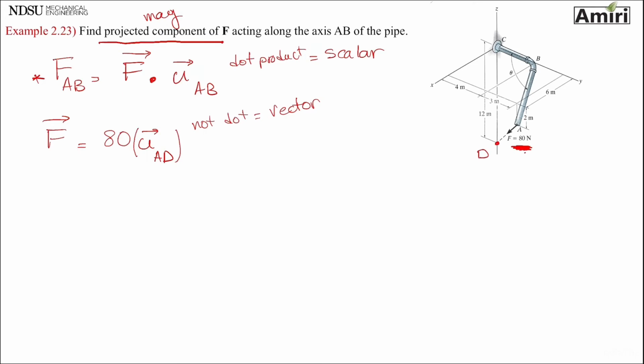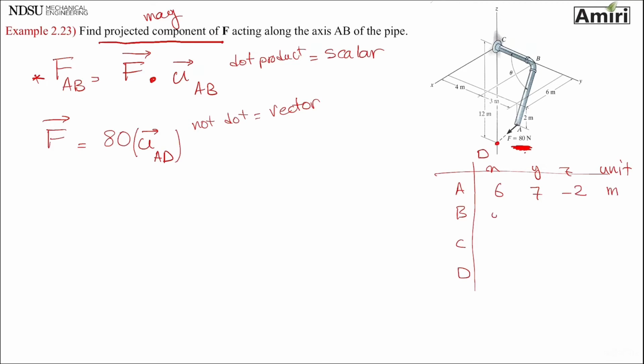So it turns out we need points A, B, and D. So let's make a table. A, B, C is at 0. I don't know if we need it or not. X, Y, Z, and units. A is located at 6, 7, minus 2 meters.